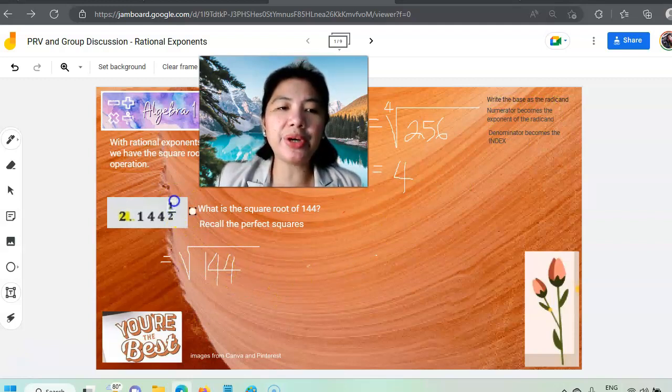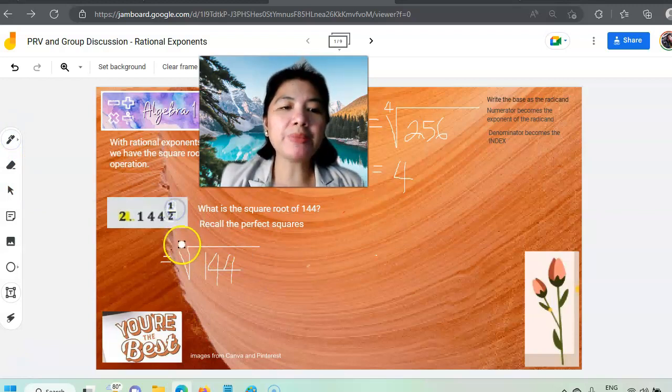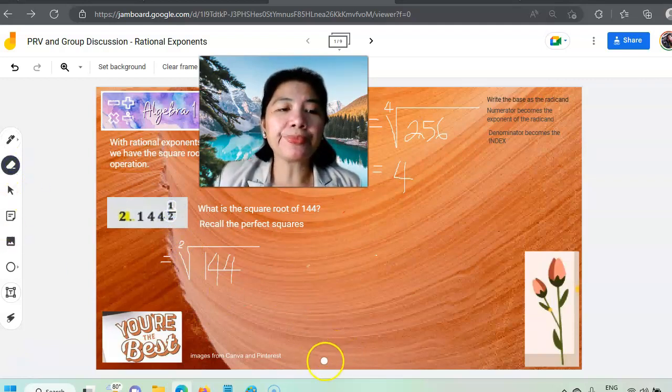The numerator of the exponent becomes the exponent of the radicand, and since it's 1, we can just keep it invisible. And then the denominator becomes the index. Again, the index is the number at the corner of the radical sign. If we have 2 as an index, we can also keep it invisible.